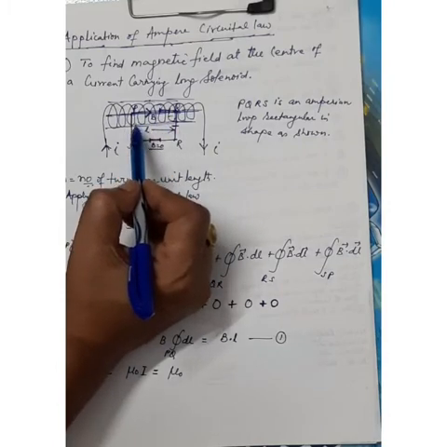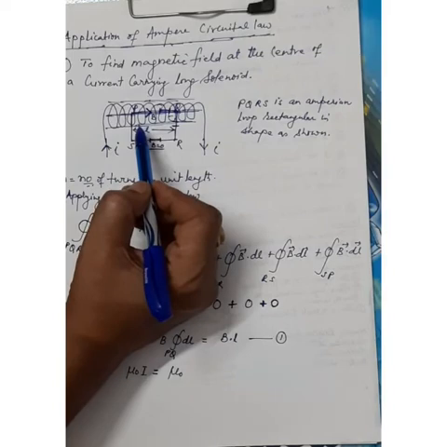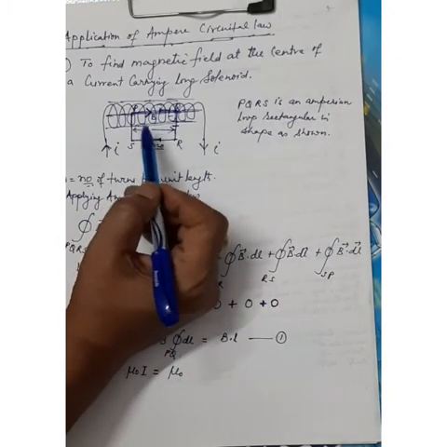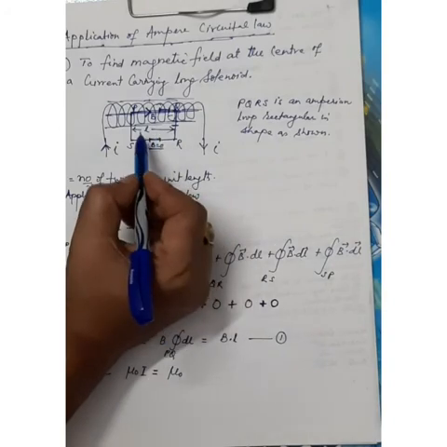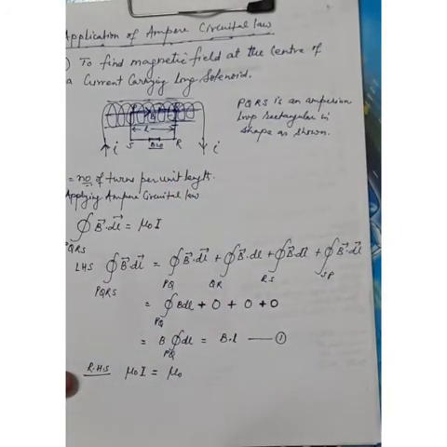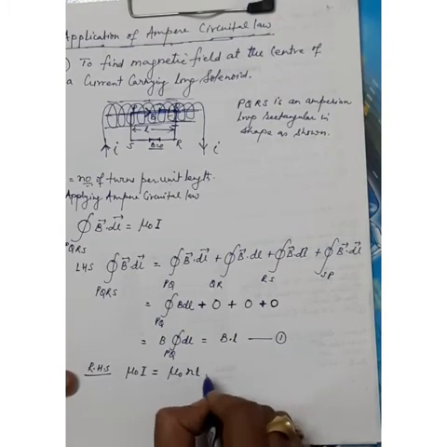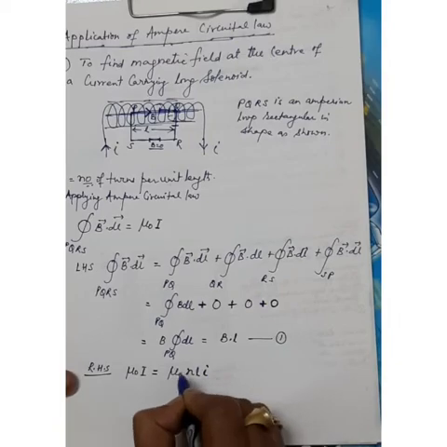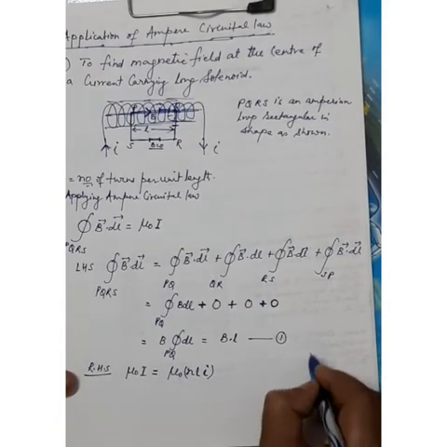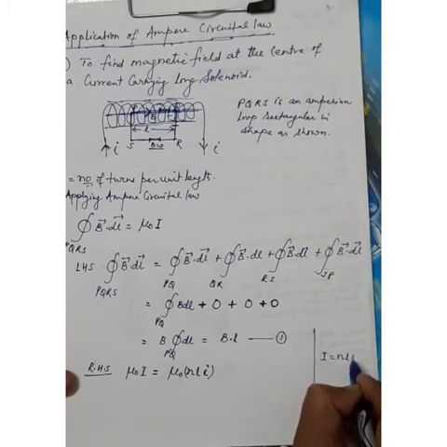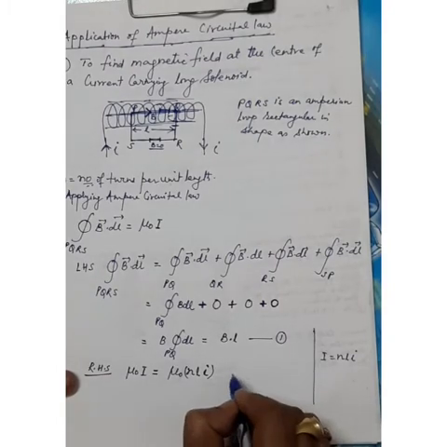It is small n into small l, because the number of turns per unit length is small n and length l is enclosed. So the total number of turns is n into l, and every turn has a current small i. So we can write I as n l i. This is your equation number 2.